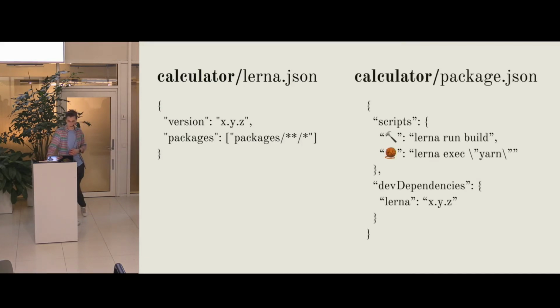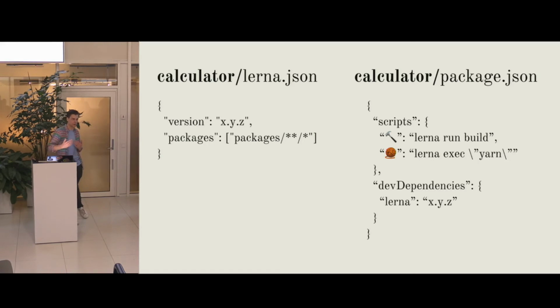And this is the example of how you could configure your root package.json and some practical commands. So this gives you power to execute yarn or npm commands, if you will, throughout your packages. So if you remember, we had the calculator and the add packages. The first command will run build for the packages that have a build script in them.